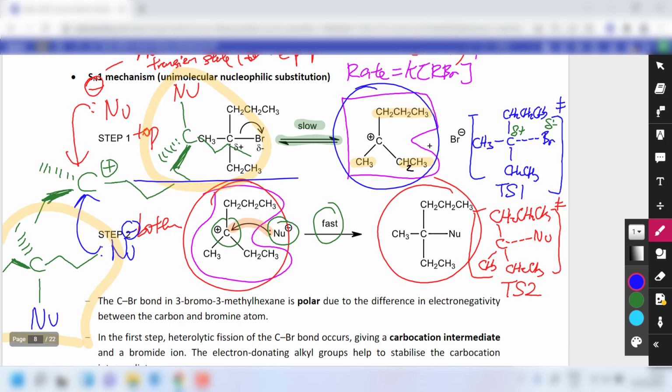So if I draw a mirror plane here, you can see that they are direct mirror images, because this is here, this is here, this is here, and then this is here. Okay, so I hope you can see that. Yeah, so because of that, in the course of an SN1 reaction, we say that at the end of the day, we will get a racemic mixture.